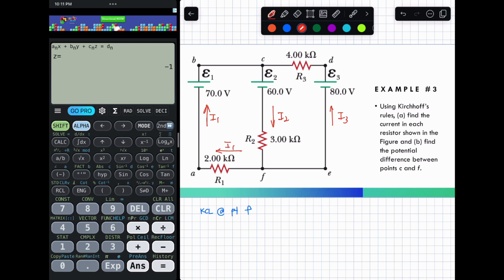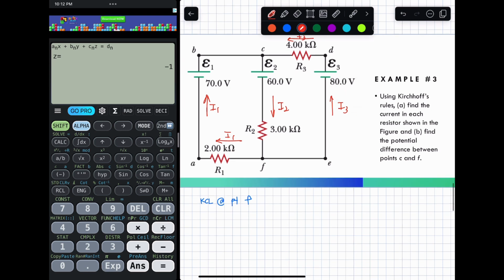This branch, from F to A to B, and B to C, that current would be I1. The current that flows from C to F is I2. And from E to D and D to F, that is I3. The direction of the current is this, so this would be I3 as well.